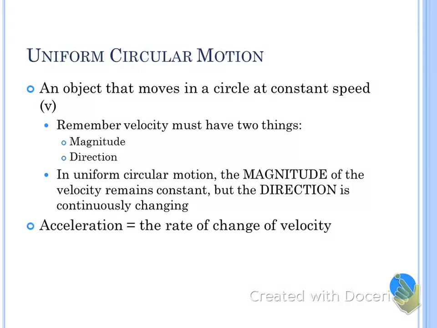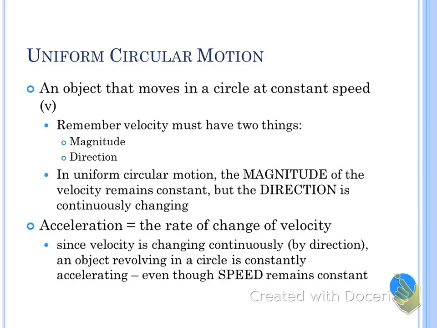If we know that the acceleration of an object is the rate of change of the velocity, can we expect these objects in circular motion to have an acceleration? Okay? Kind of. Since our velocity is changing continuously via its direction, an object is constantly accelerating.